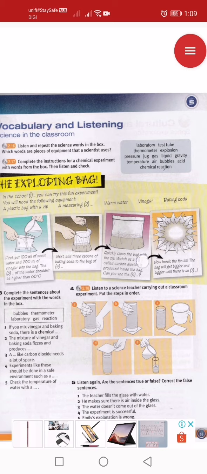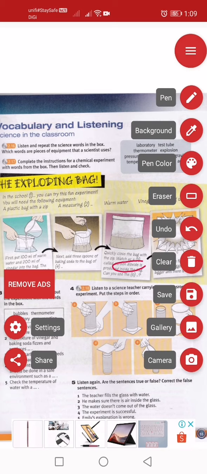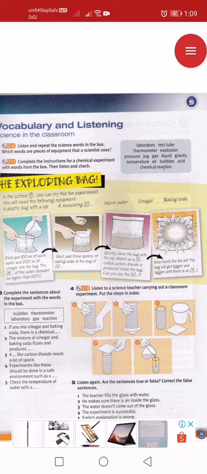Watch as a carbon dioxide. Kalau kamu bernafas keluar tu, itulah carbon dioxide. Carbon dioxide bukan sahaja dapat dihasilkan melalui manusia, banyak benda boleh menghasilkan carbon dioxide. So carbon dioxide is a type of gas. Watch as a gas called carbon dioxide is produced inside the bag.